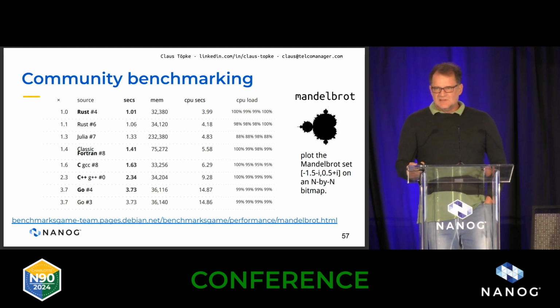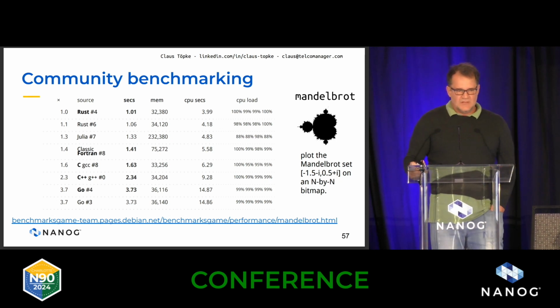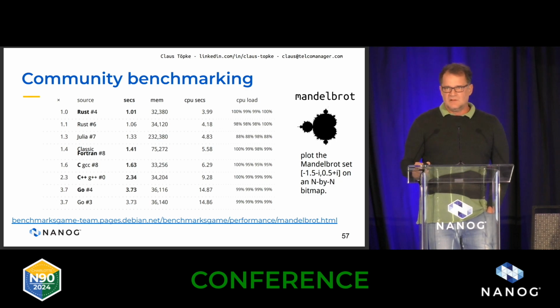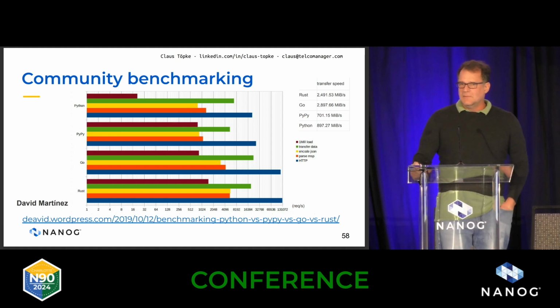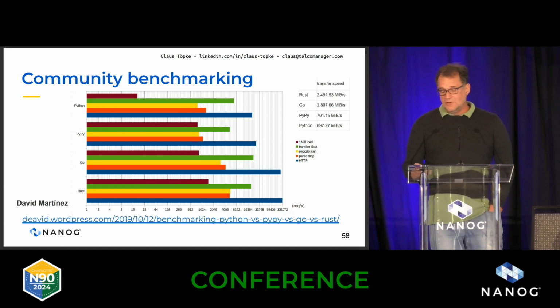So those benchmarks are not very interesting for network engineering, right? Because it's mathematical calculation. You don't want to know the pi digits in your network automation. But there are some people who did benchmarks comparing those languages in a real scenario, like David did, which is a pretty nice, interesting comparison.